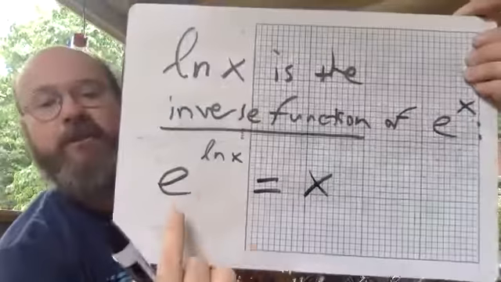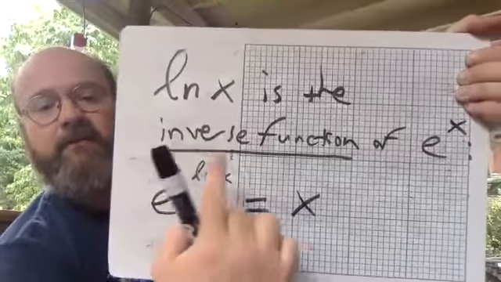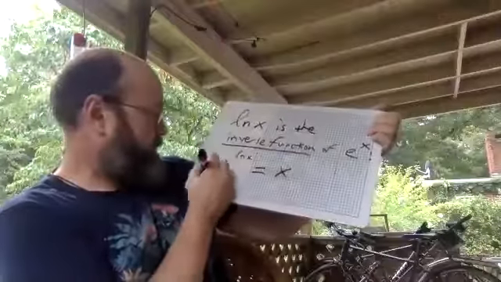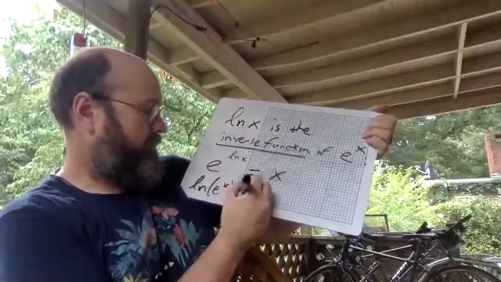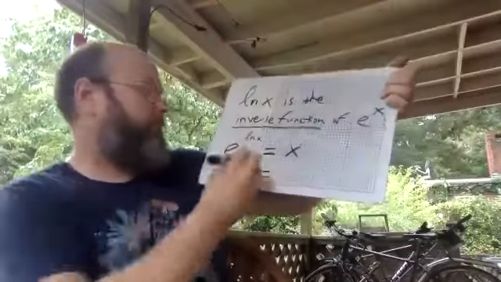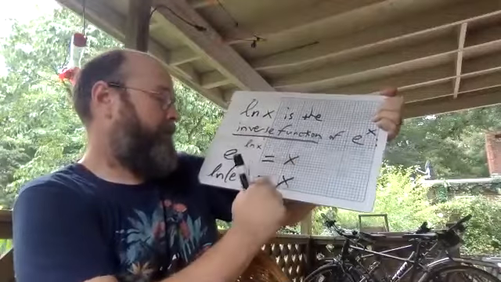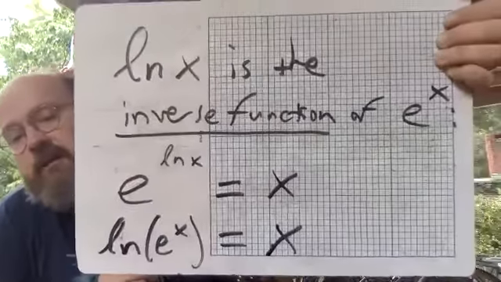If you plug a function inside its inverse function, you get back x. And the same goes if you take the natural log of e to the x. The natural log and the e cancel, so to speak. That's what it feels like. And you just get x back. So this is kind of the definition of the natural log.